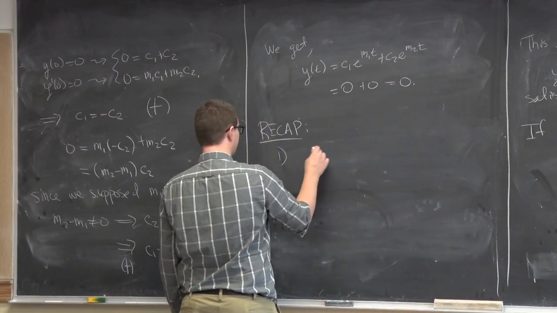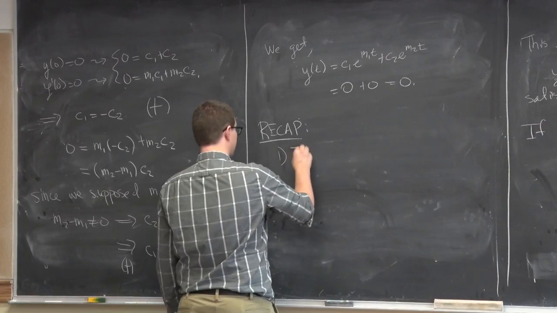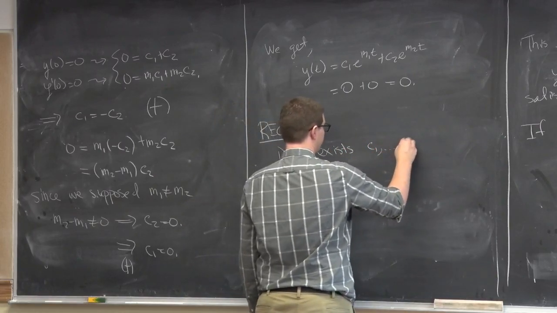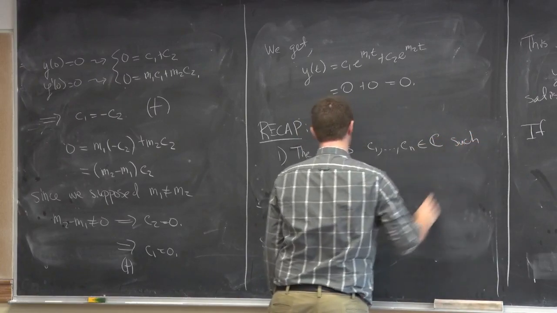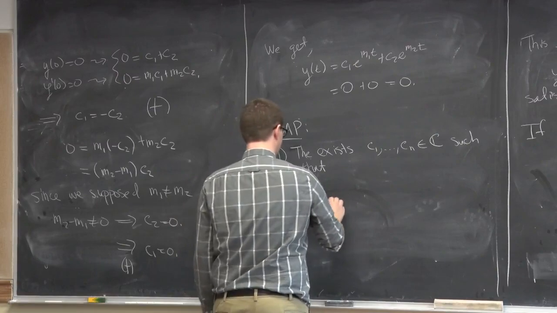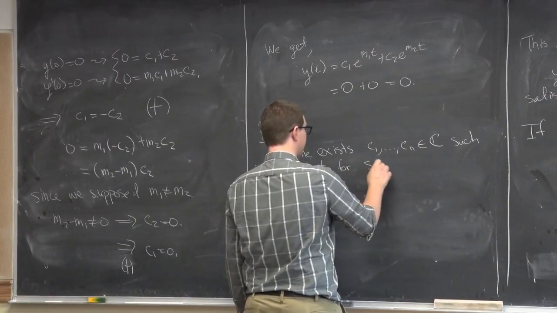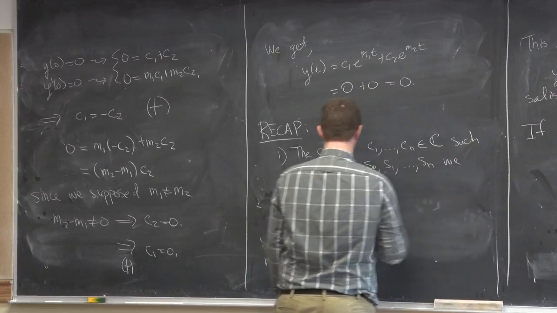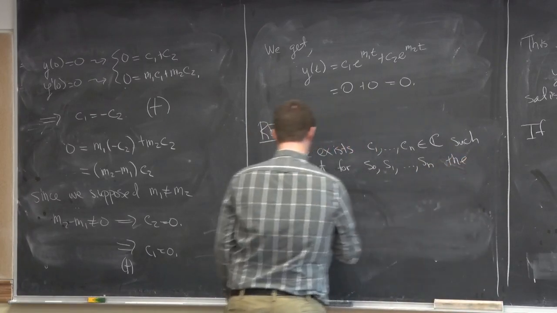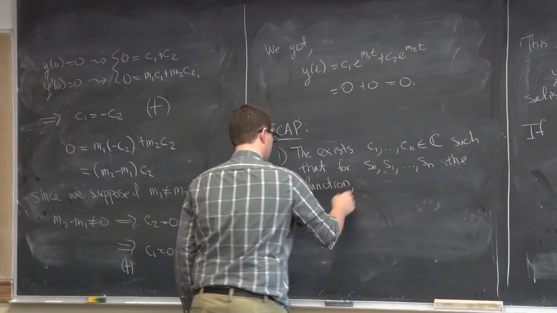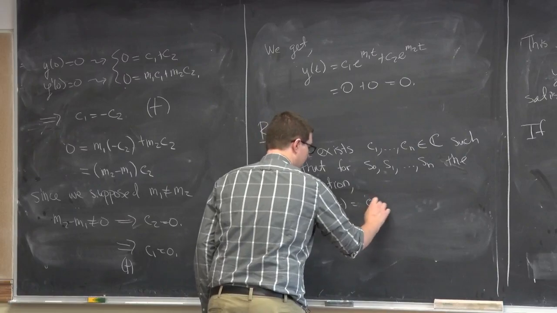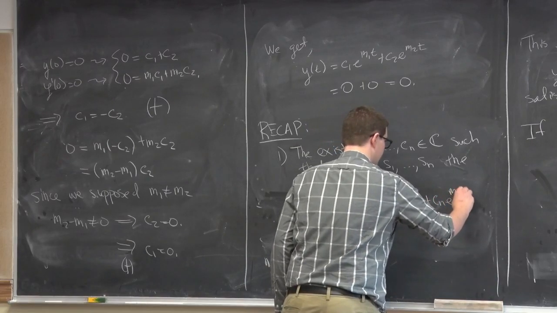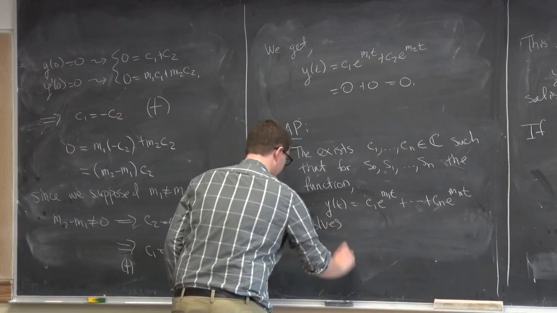One, we showed that there exist C1 through Cn complex numbers such that for S0, S1 through Sn, the function y of t is equal to C1 e to the m1 t plus ... plus Cn e to the mn t solves the following problem.